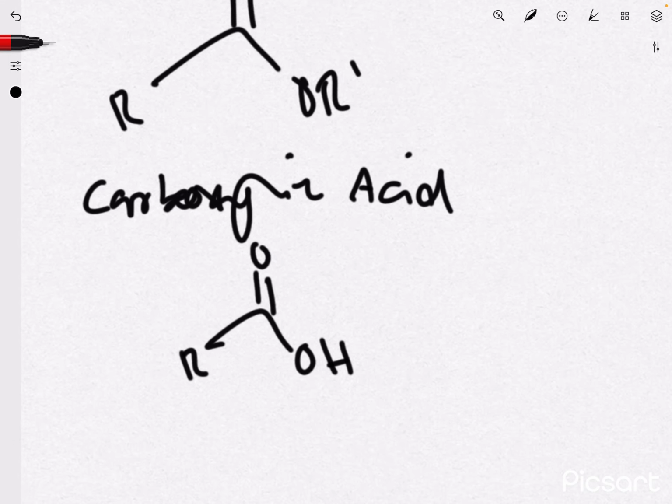Going on to our carboxylic acids, this is what they're going to look like. Examples would be ethanoic acid or fatty acids, or essentially organic acids. Maybe think of your triglycerides.